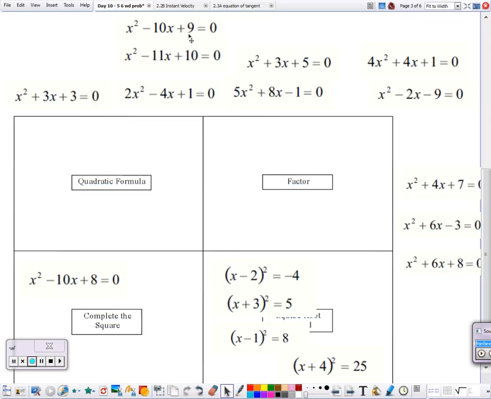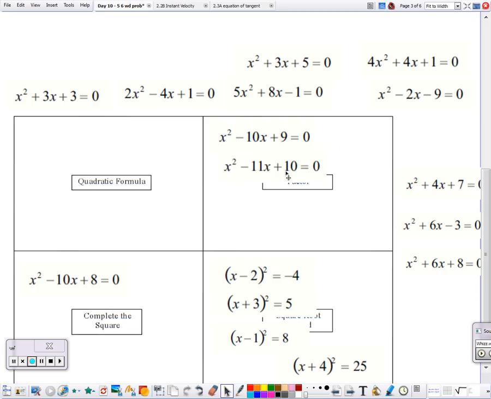Here, does anything multiply to 9 that adds to negative 10? Yes, negative 1 and negative 9, so that's a factoring. Let's see here, for 10, does anything multiply to 10 that adds to negative 11? Does negative 1 and negative 10 work? It is a factoring.